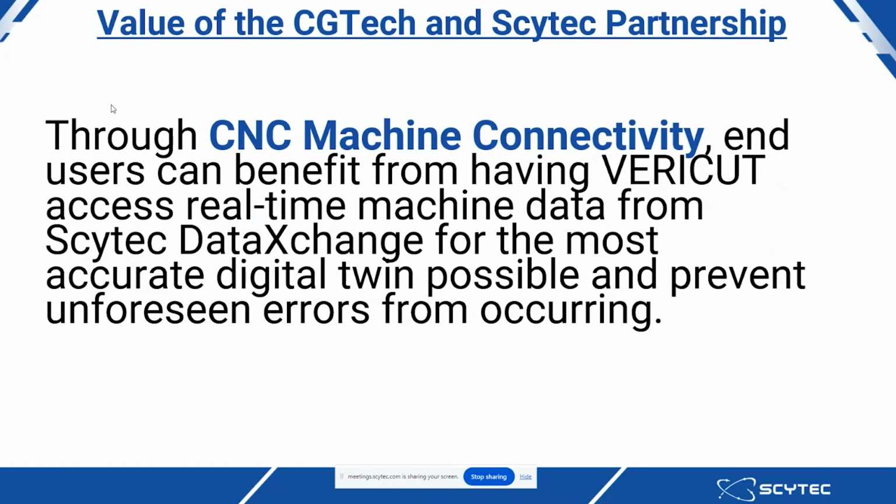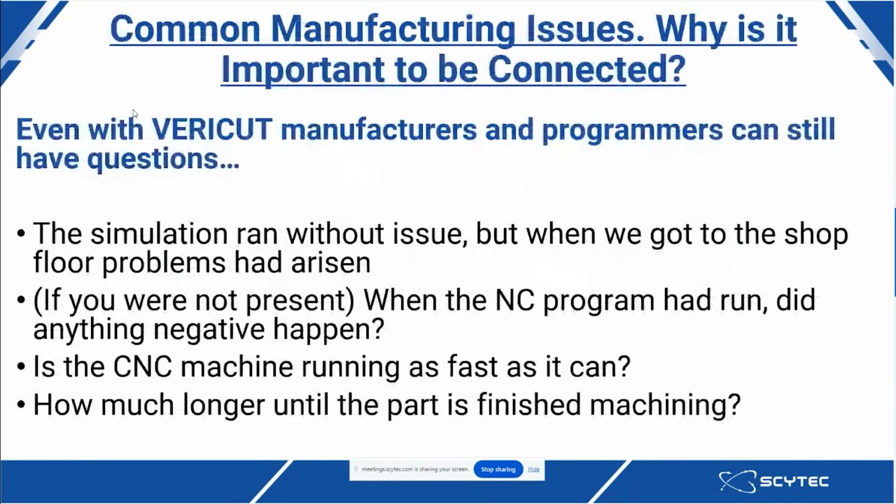Even with VERICUT, you're going to be left with some questions that still need to be answered, such as: the simulation ran without issue, but then when you got to the shop floor, some problems had arisen. And let's say you weren't even on the shop floor at all, and when the NC program had run, did anything negative happen? As well as other questions like, is my CNC machine running as fast as it can?